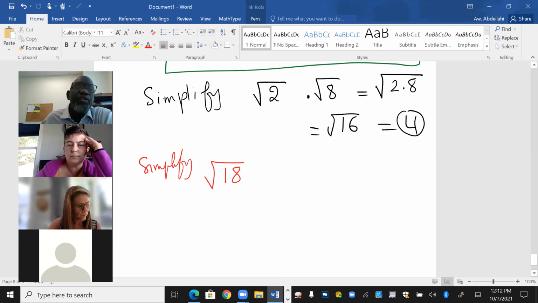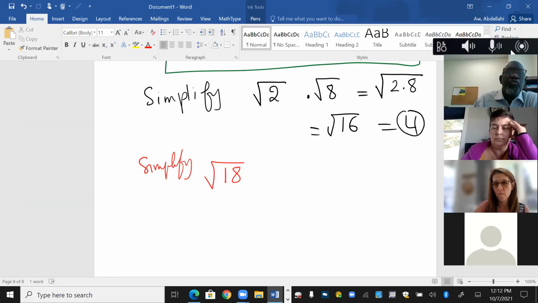By the way, everybody knows the perfect squares between 1 and 100. What are the perfect squares? We start with 0, and then we have 1.